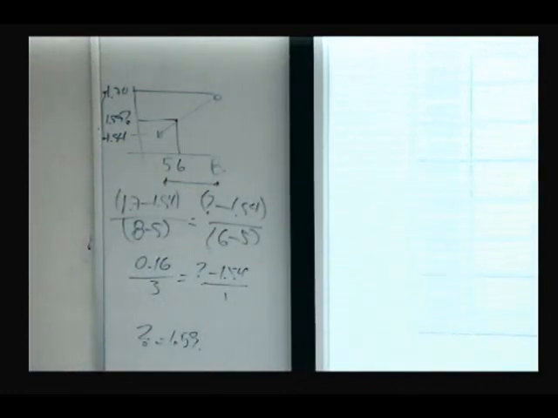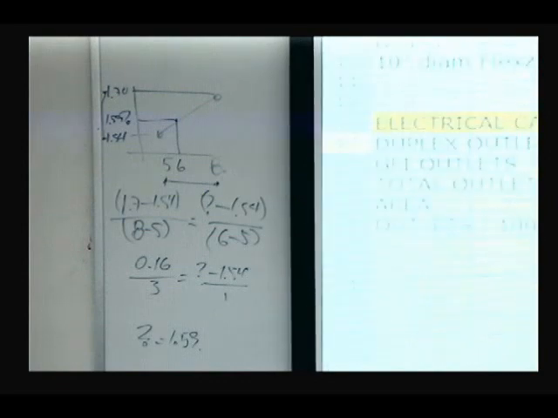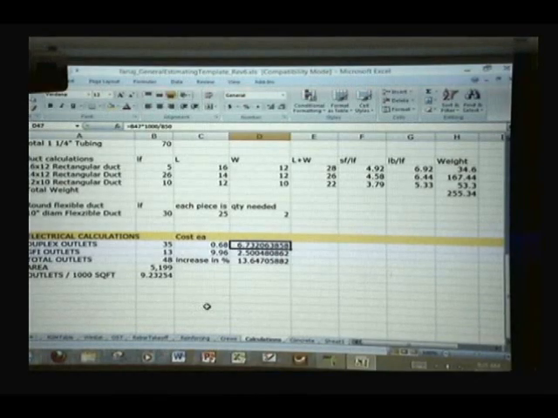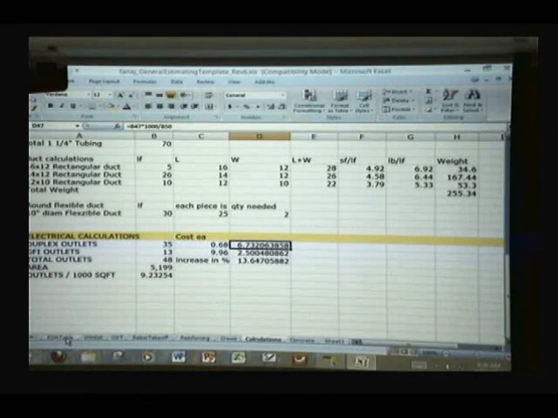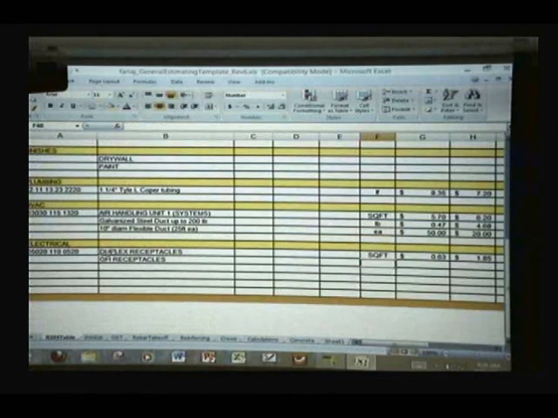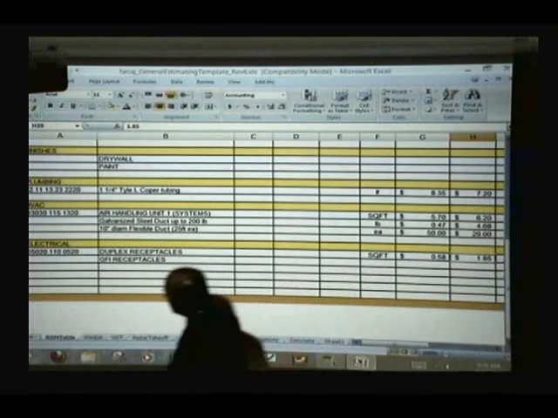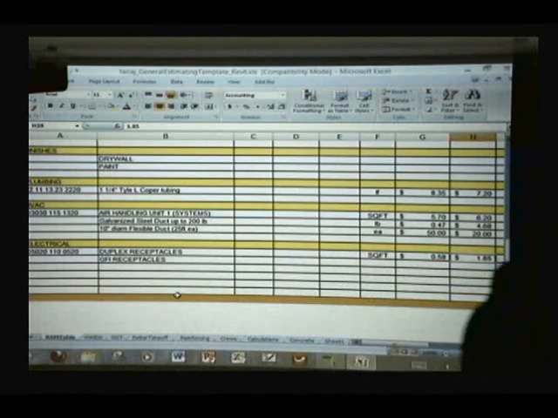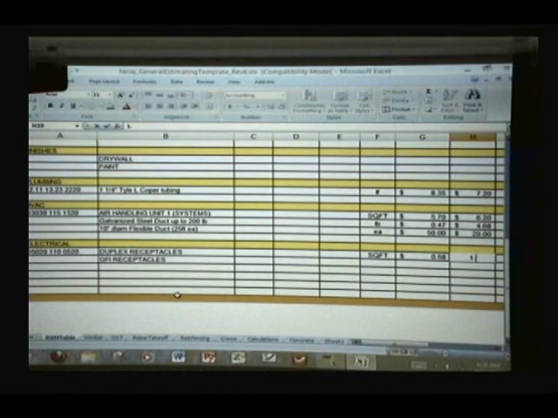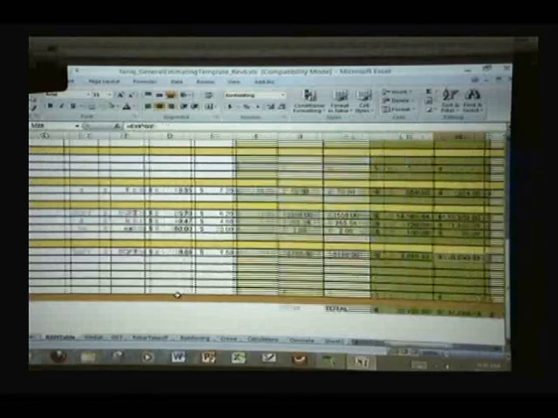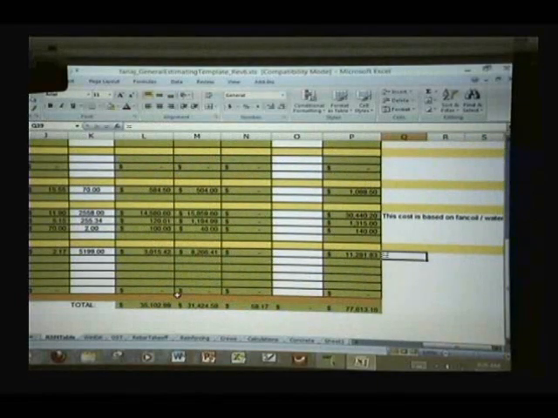Okay, so now I have an estimate cost per square foot for 6 outlets. So I can go back here and change these numbers to 0.58 and, what was it? 1.59. And then if I want, I could add a note here.